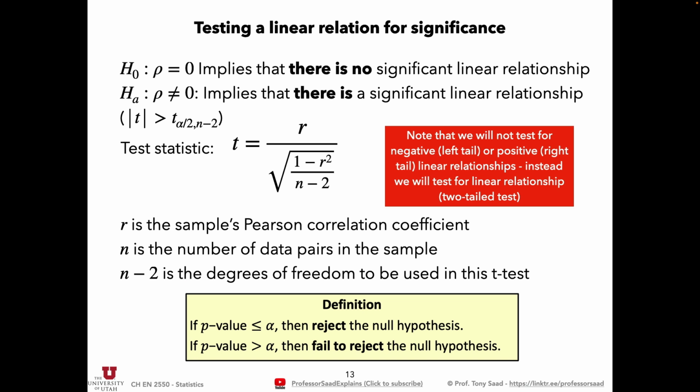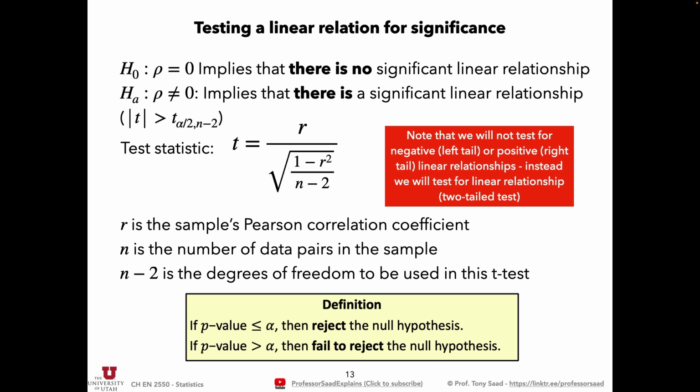However, our sample statistic for the correlation coefficient is actually based on a Student t distribution, and is given by this statistic, t equals r over the square root of (1 minus r squared) over (n minus 2). R, so you know the data, n is the number of points in your data, and n minus 2 is going to be your degrees of freedom. R is your Pearson correlation coefficient for the sample, so you can totally compute this t statistic.